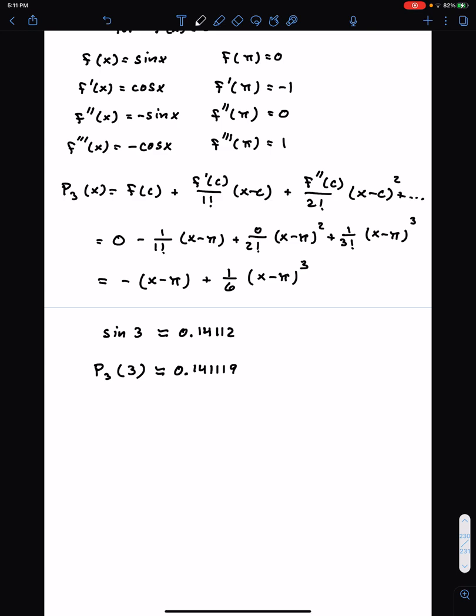So with only a third degree Taylor polynomial, the calculator value matches very closely to the polynomial function that I came up with.